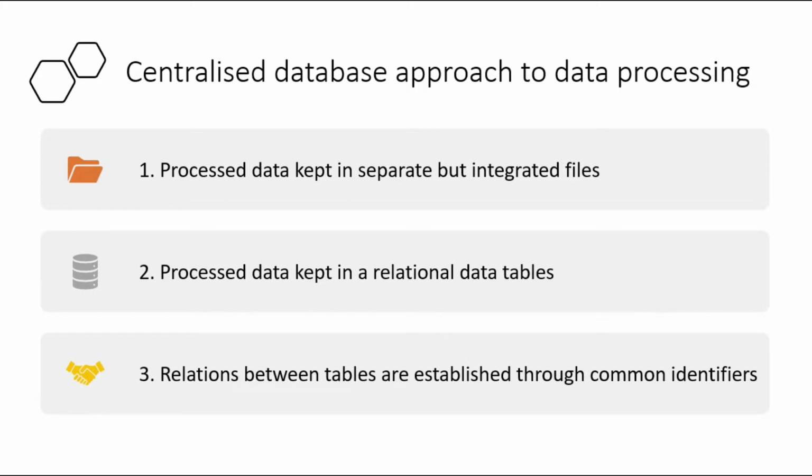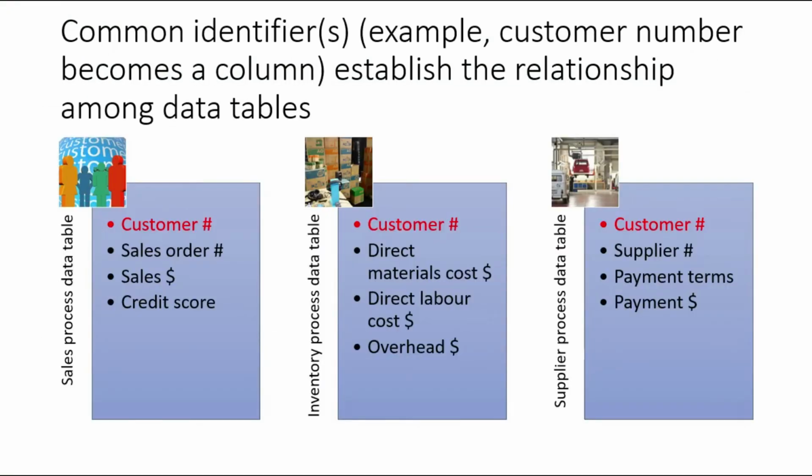And it processes data kept in relational data tables. What it means is the relation is about these common identifiers that it has in different tables, and these different tables are established through common identifiers.